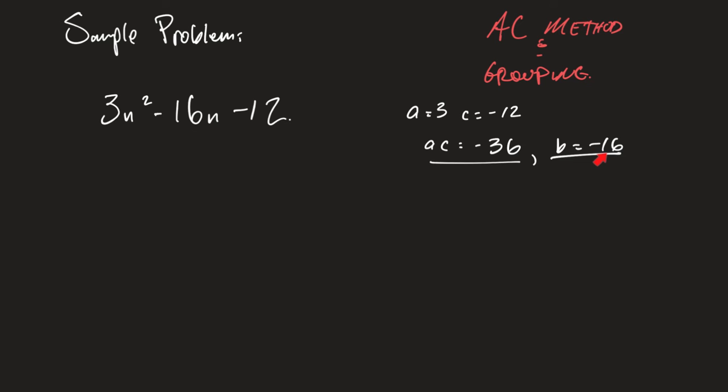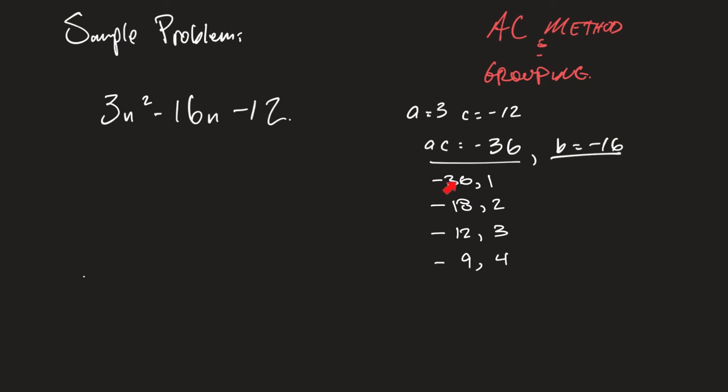b is -16, so I need 2 factors that multiply to a negative number, and they sum to a negative number. The only way to get a product that's negative is one factor must be positive and one must be negative. Let's make our list. So you'll notice that I started with -36 times 1, positive 1, -18, and then I went to -18 times 2.